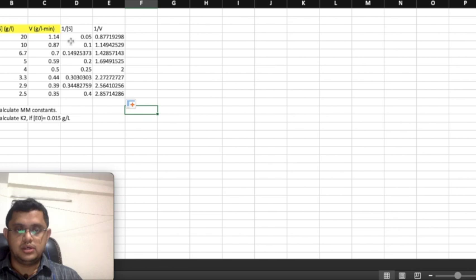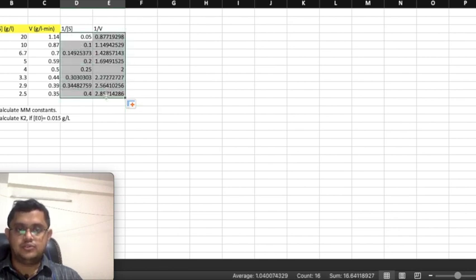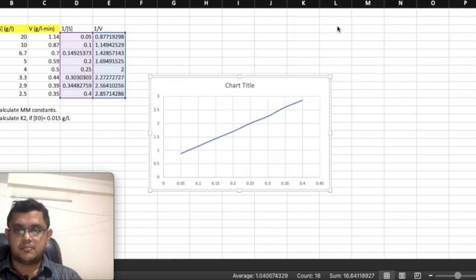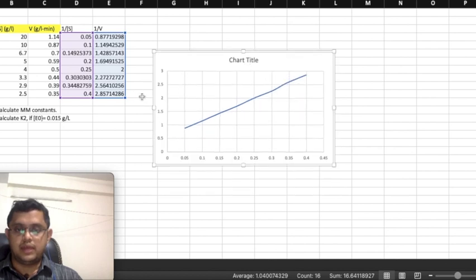So let me do the X scattering for these 2 values. So I am drawing as a non-linear curve. So the y-axis is not mentioned.